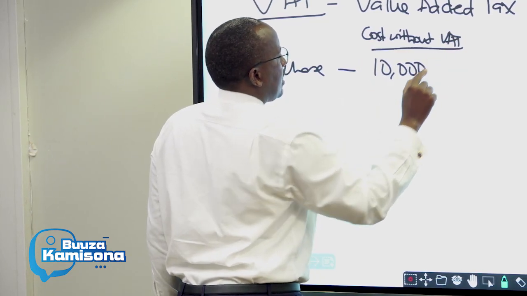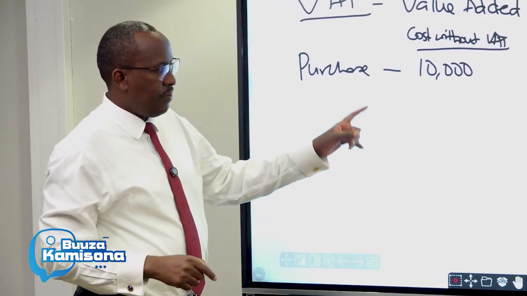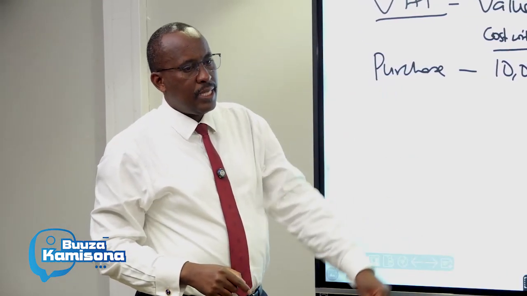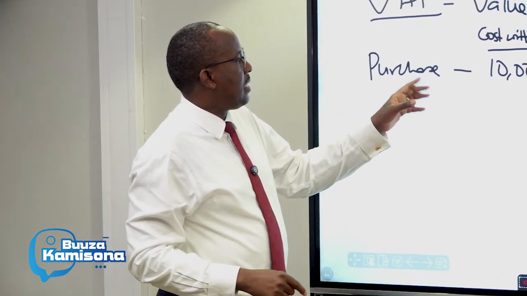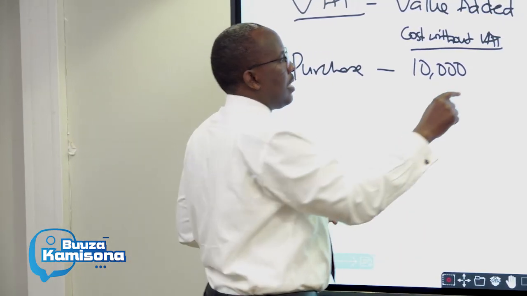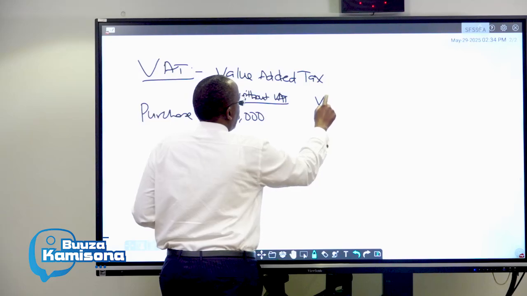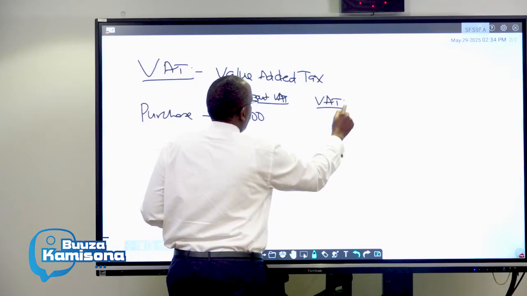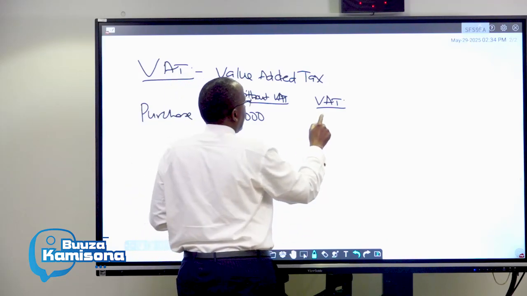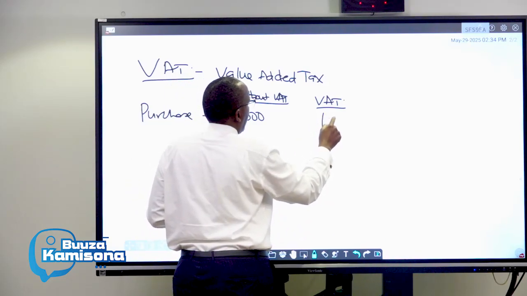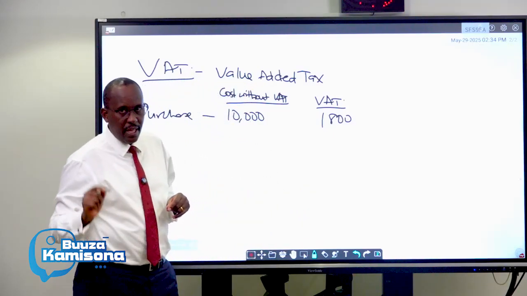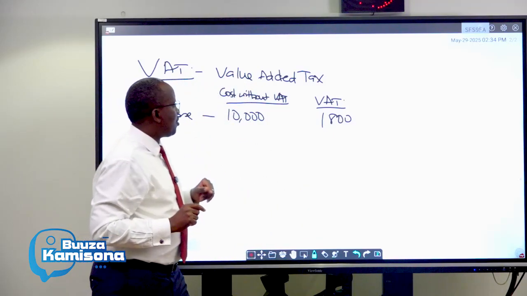So, at some point X, be it at the factory, be it a wholesale depot, be it at a distribution depot, you are buying a certain item X at 10,000. VAT on this item will be 18%. What is 18% of 10,000? It will be 1,800. Are we together?